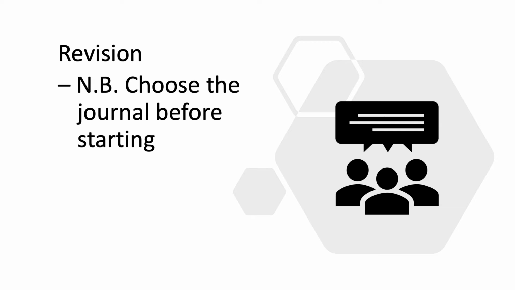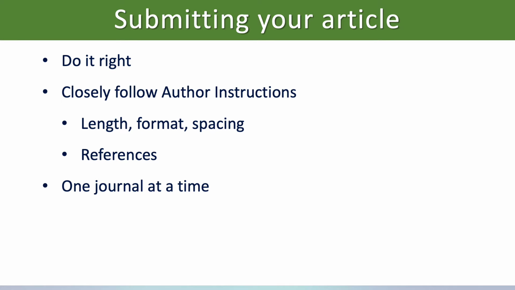As mentioned before in part 1 of this lecture series, ideally, you should pick the journal that you would like to submit to before you even start writing the manuscript. When you are submitting, closely follow the author instructions of the journal.